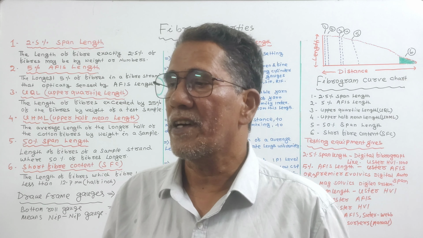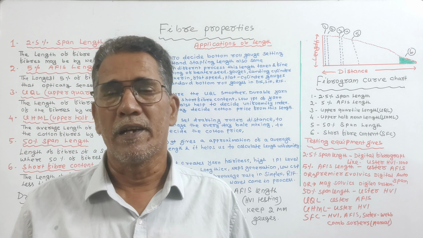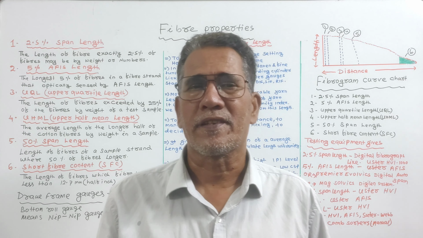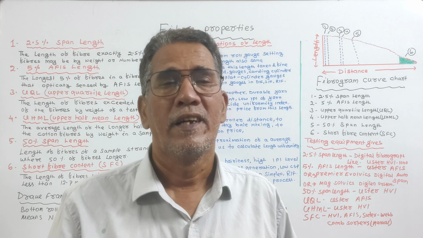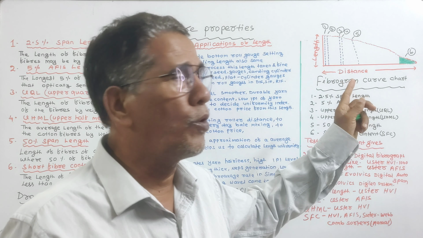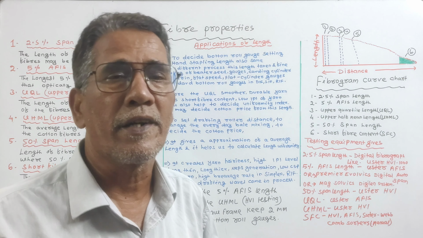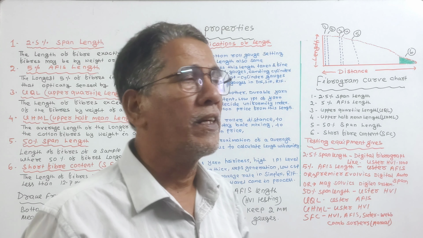Accordingly they did the machine settings, like bottom roll gauge, all the gauges, and twist level, because as fiber length differs, we have to go for different waste percentage, different roller gauge, all the things.